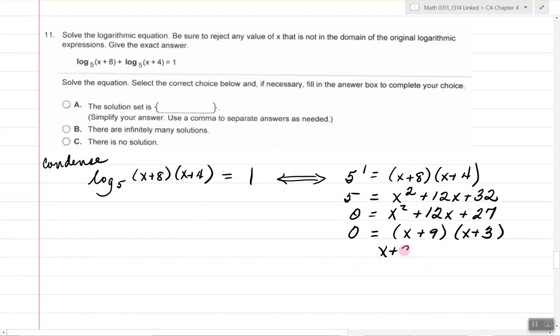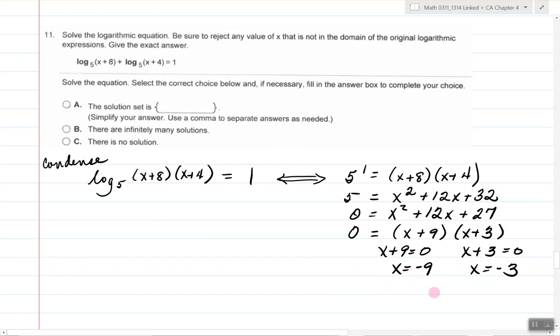So if x plus 9 is 0, x is negative 9. And if x plus 3 is 0, x is negative 3. Now, getting these negative answers is kind of making me think, am I going to violate the domain? Remember, when you plug a value in for x, it has to be greater than 0. If I put negative 9 in the place of x, this will be negative, and this will be negative.